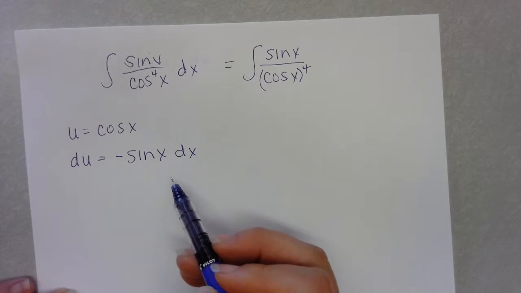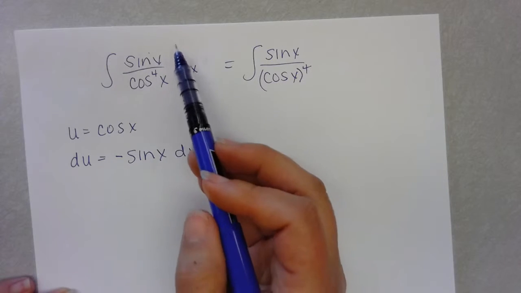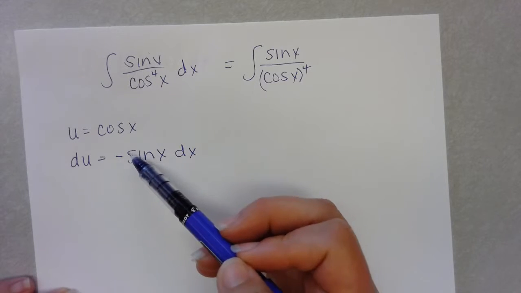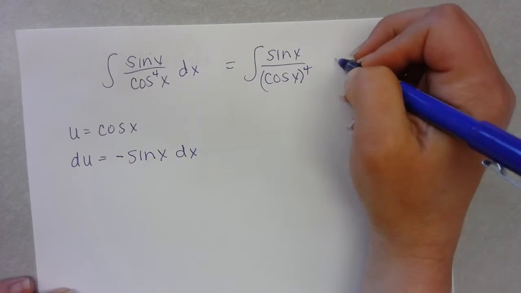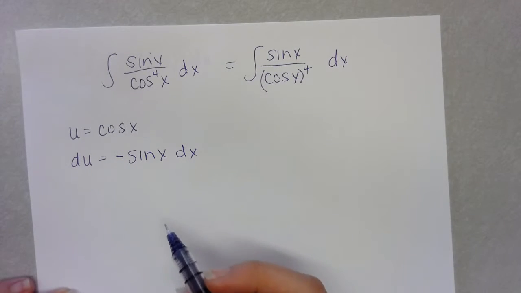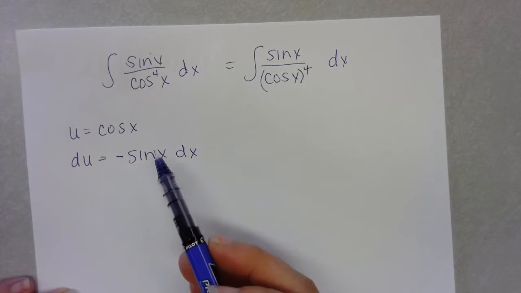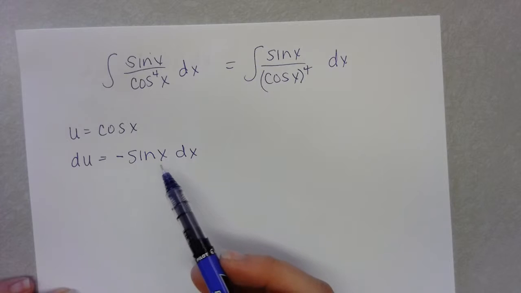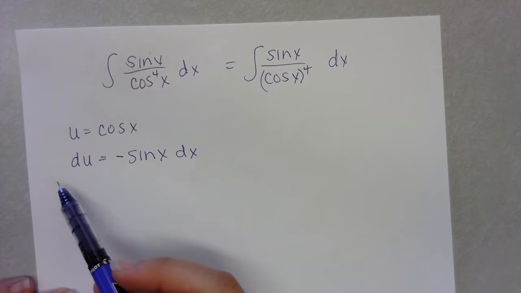Okay, so now let's see. We do have this sine of x, right? It's sitting right here. And we don't have the negative sign, but that's okay. There are different ways of writing this, different ways to think about it. I like to think of, okay, what do I have out of this, and what do I still need to put in? Okay.